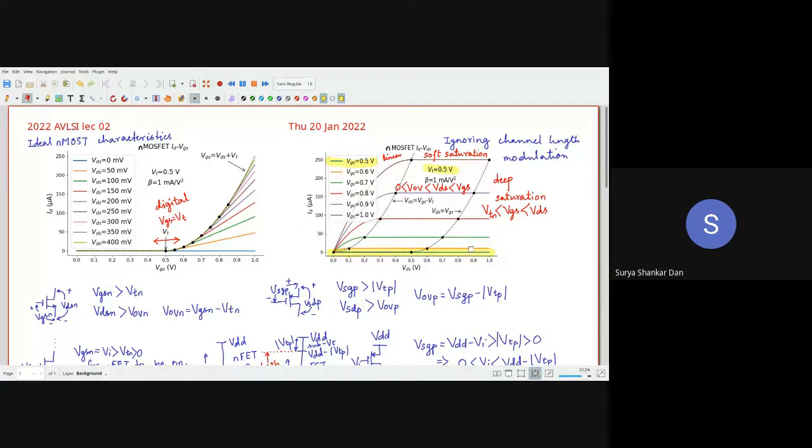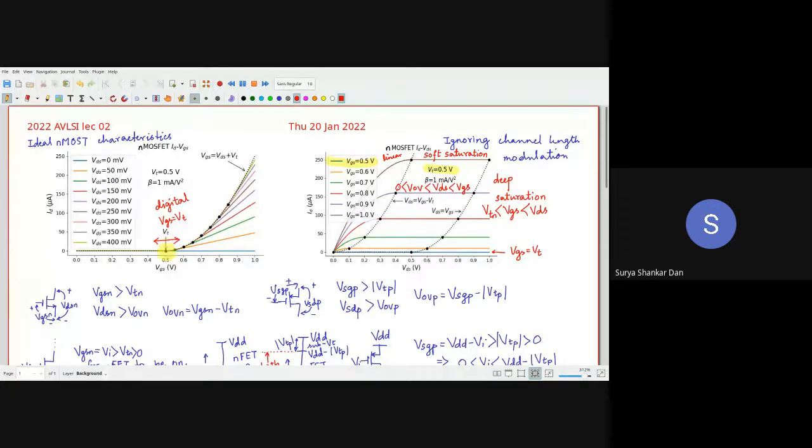Now the point is, if it is so low, what are you essentially doing for digital IC design? You are essentially either turning it on, that means VGS is greater than VT. That means for digital operation, any of these characteristics are fine, because only this is the point where VGS is equal to VT.